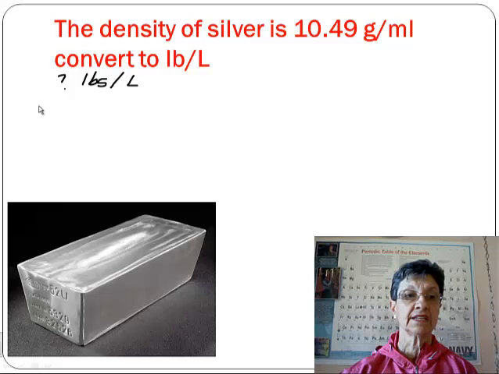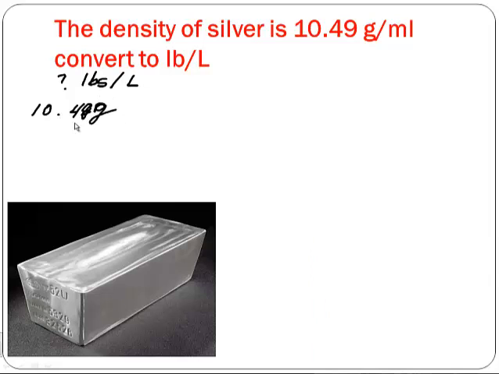And I start out with 10.49 grams per milliliters. I'm going to draw my line here and put milliliters here. Now, 10.49 grams per milliliters means that 1 milliliter of silver has a mass of 10.49 grams. That's exactly what it means.